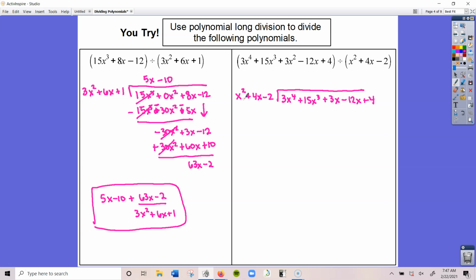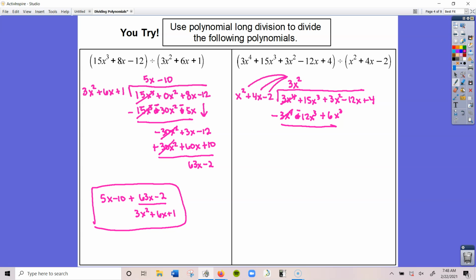In order to get 3x to the fourth, we would have to multiply x squared by 3x squared. Distribute the 3x squared, and we get 3x to the fourth plus 12x to the third minus 6x squared. Oops, I forgot the exponent here. Switch all the signs.